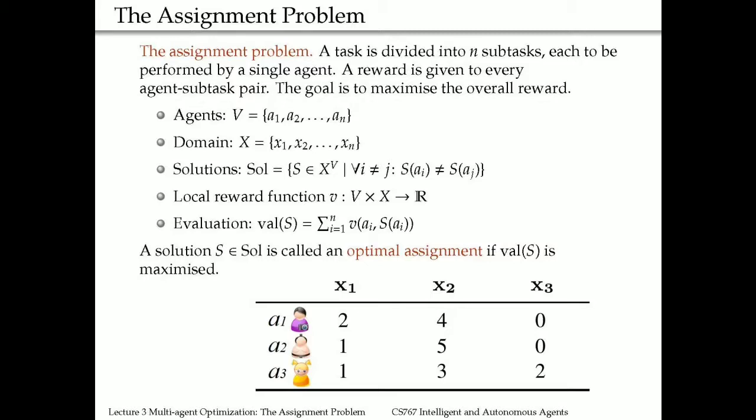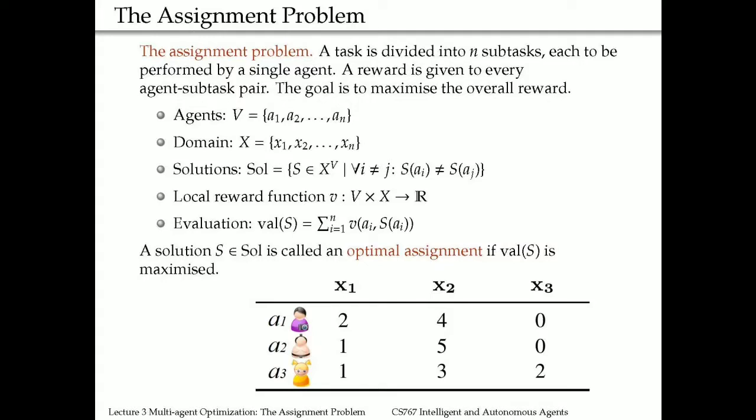But what we are interested in from a global point of view is an evaluation function that's defined on the solution, which assigns to all the agents some item. So this evaluation would be the sum of the local rewards gained by all the agents.